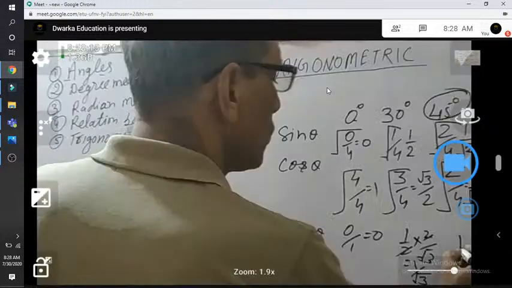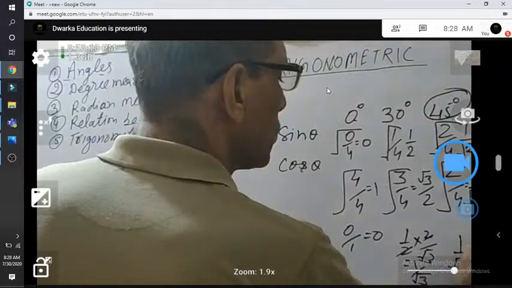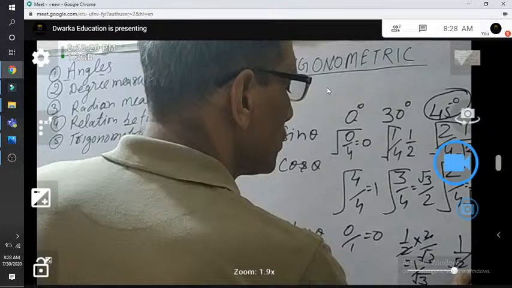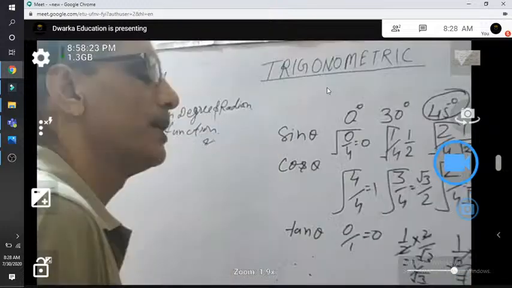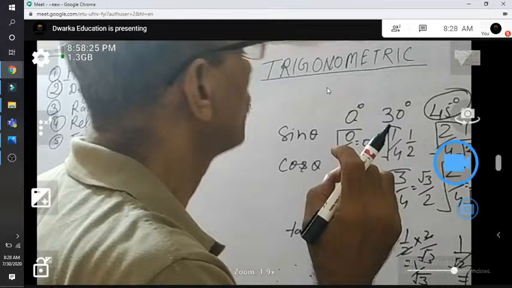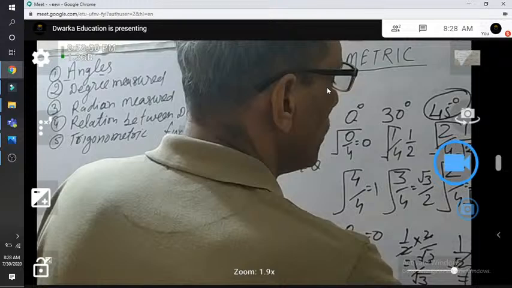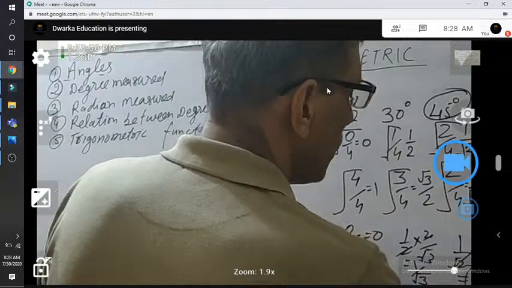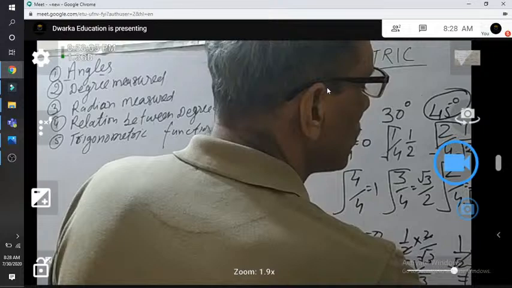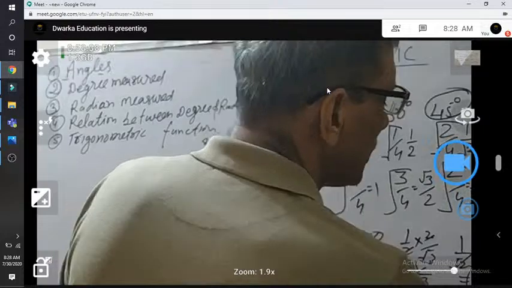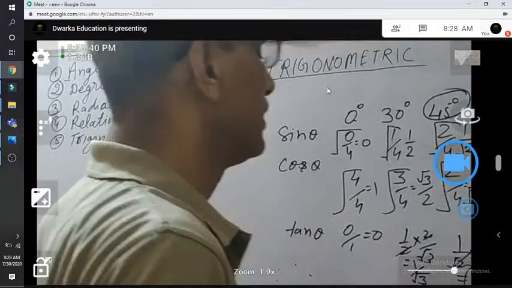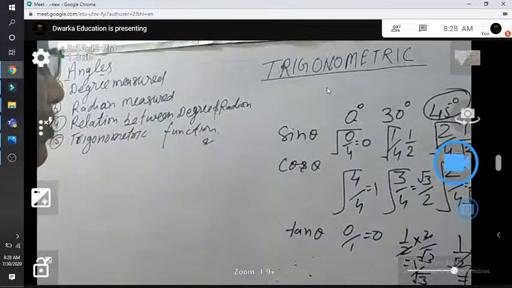Then 1 by root 2 into root 2 by 1 is equal to 1, so tangent 45 degree is equal to 1, remember. And then root 3 by 2 into 2 by 1 is equal to root 3. And this is equal to 1 by 0, infinity, not defined.